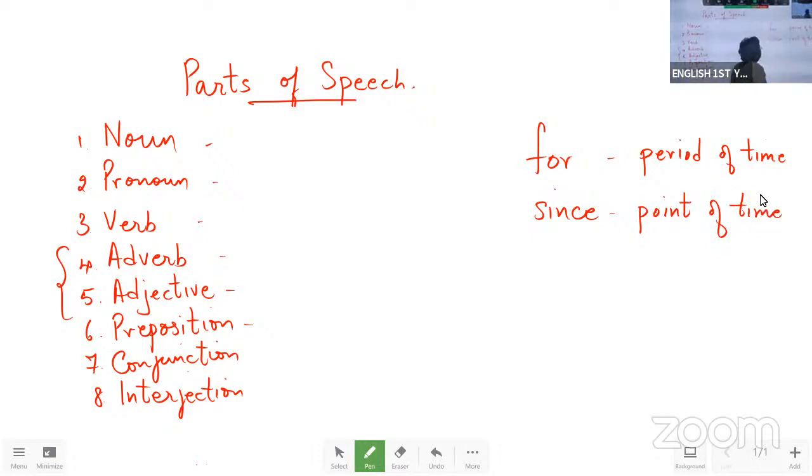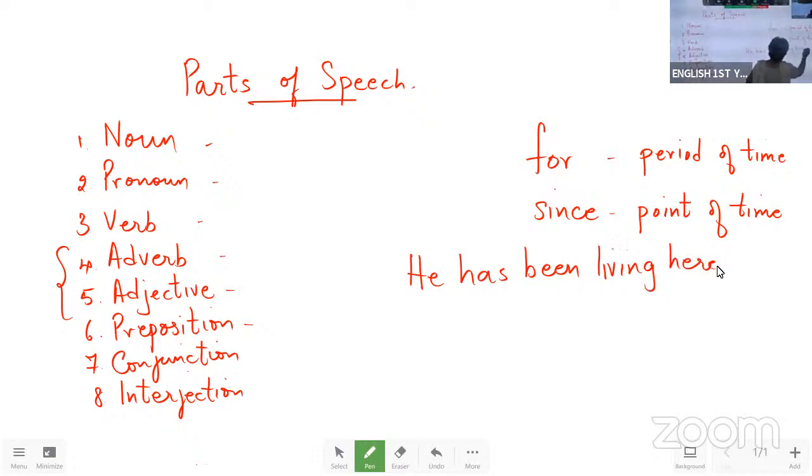Now, what do you mean by for period of time or point of time? Take, for example, a sentence: He has been living here, and you can write both sentences.